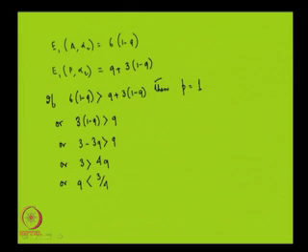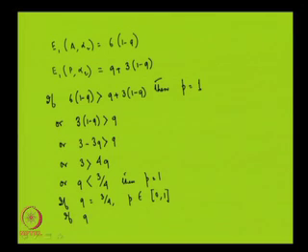So, if Q is less than 3 by 4, then P is equal to 1. And from here it means that if Q is just equal to 3 by 4, then P can take any value. If Q is greater than 3 by 4, P will take a value 0. So, this is the best response function of player 1.